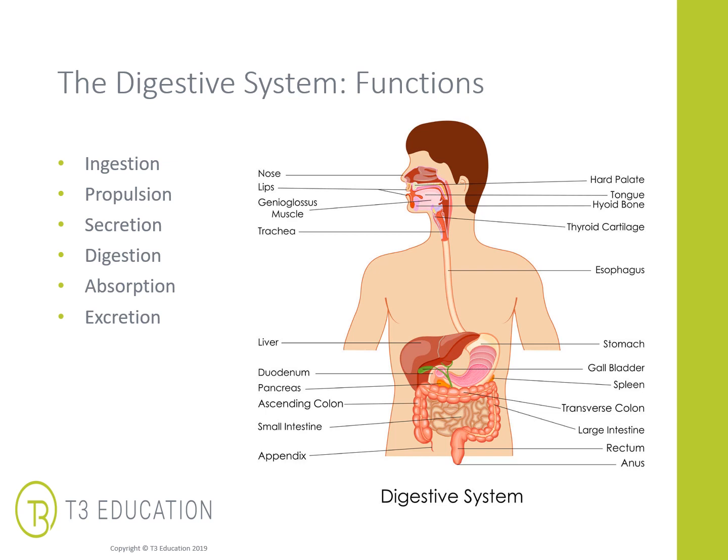Next is digestion itself, and as we've alluded to, there's two parts of that. Mechanical digestion, which is the process of physically breaking the food down from larger pieces into smaller pieces. That begins with chewing in the mouth, but it also continues in the stomach with that muscular churning of the food, breaking it down alongside the chemical digestion. That also continues into the small intestine, where there's more churning that occurs with muscular constriction of the walls of the intestine, again creating that movement to break the food down even further.